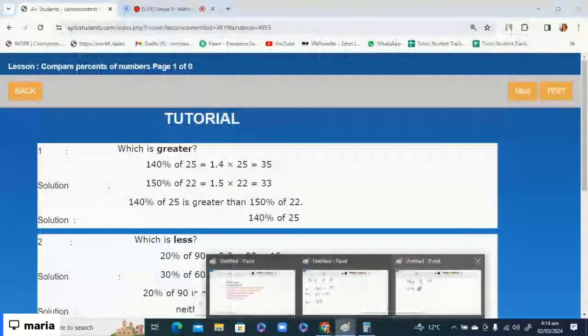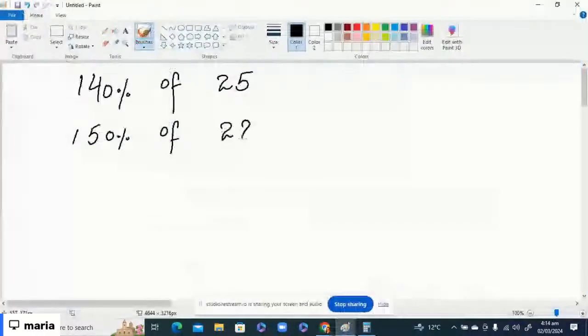Let's solve it. Okay, only one method we are going to use here, and then just tell us which one is greater, which one is less, or are they equal or not.